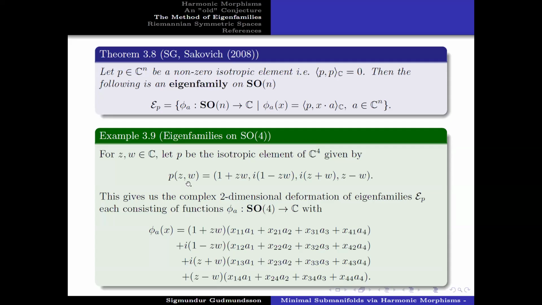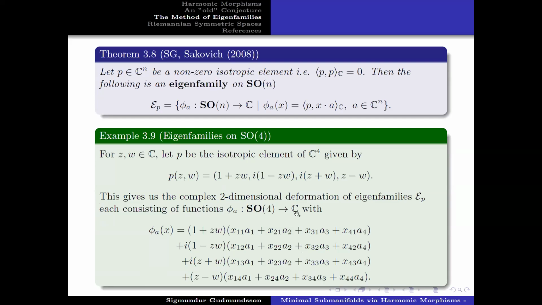What is that? It's the subset of CP3. What is it called? The quadric? I think the two-dimensional quadric in CP3. Yeah, this is how you do it, and this gives us the complex two-dimensional deformation.